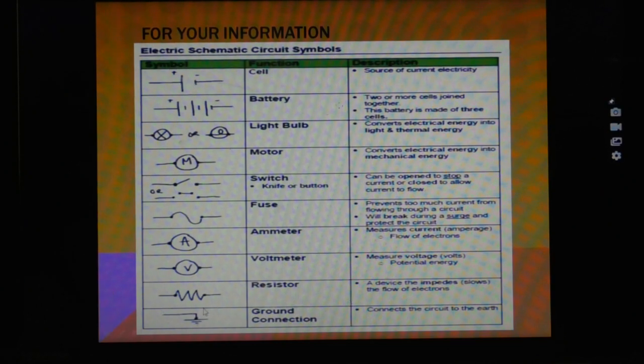And this symbol stands for ground connection. We deal with potential difference, which means two levels: one higher and one lower. At the lower level we can ground it, that is make it the 0 volt level. It connects the circuit to the earth, which is known as grounded.